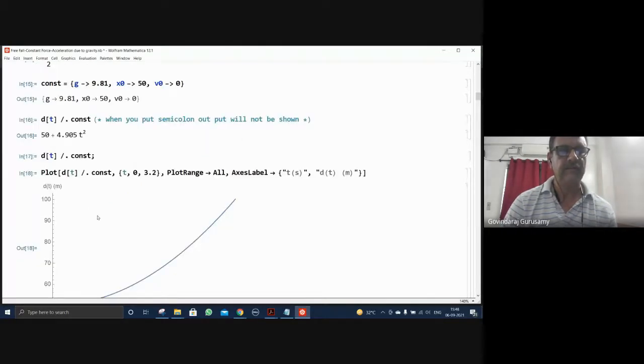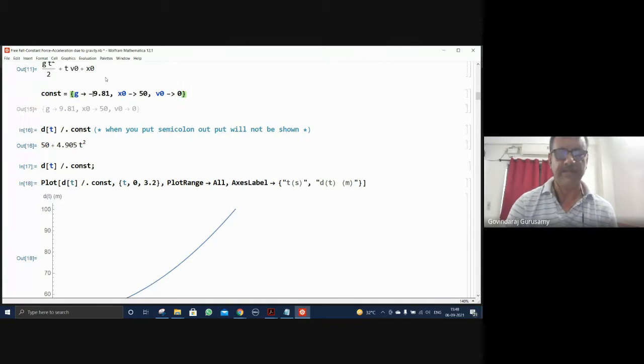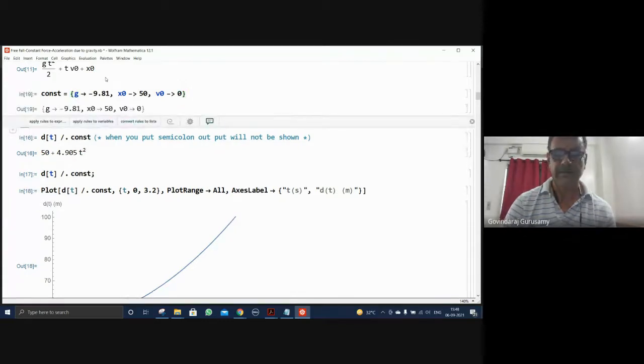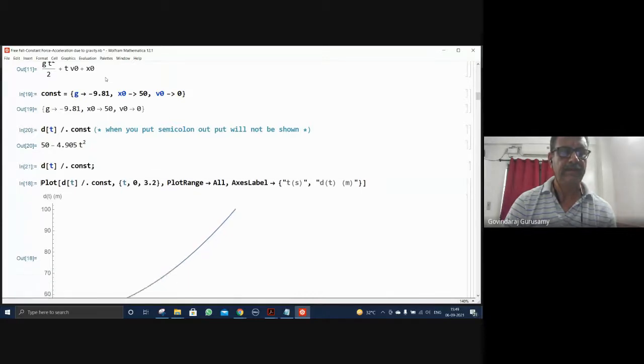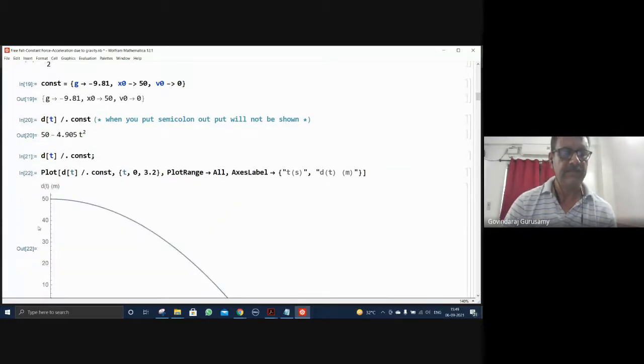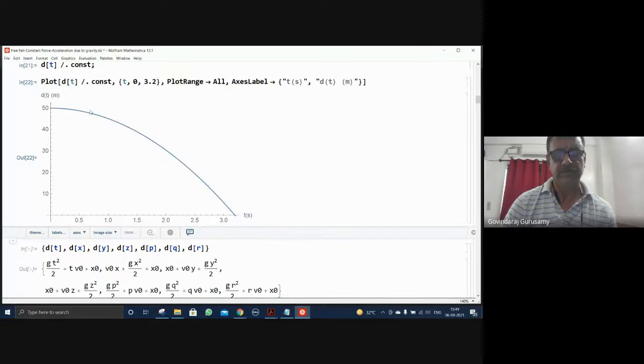So now you can see this has become a plus sign here, but we know g is acting down, so the minus sign should be taken, and it's starting from a height of 50 meters. Therefore, it will come down from t equal to 0. This is the point where it touches the t-axis, where the displacement goes to 0, somewhere here.